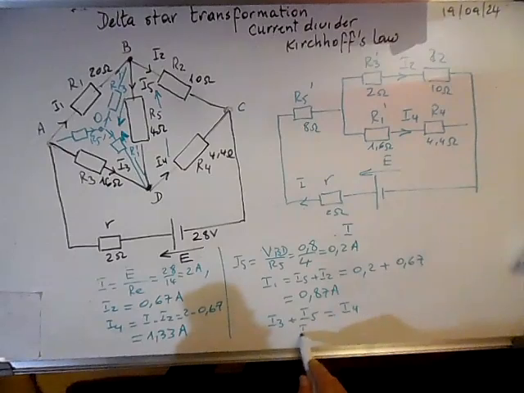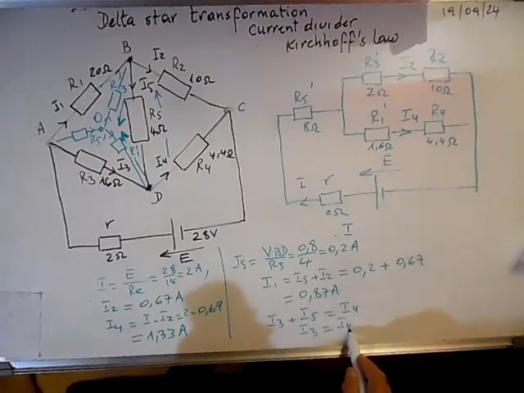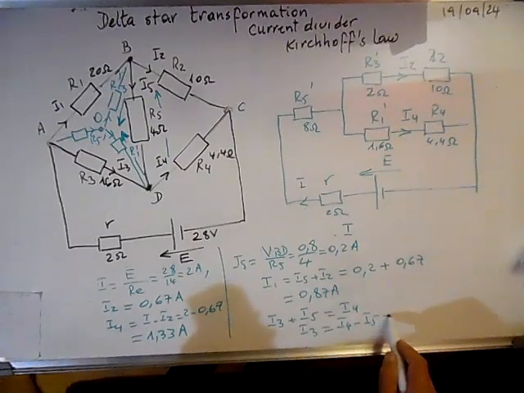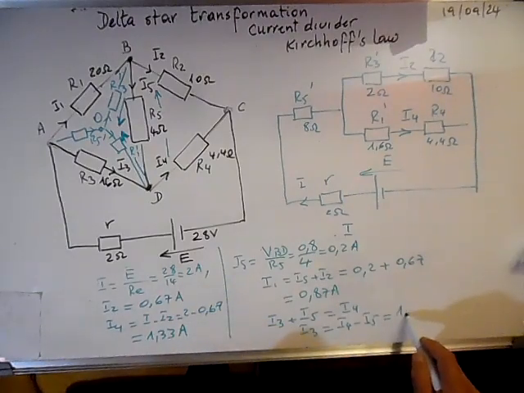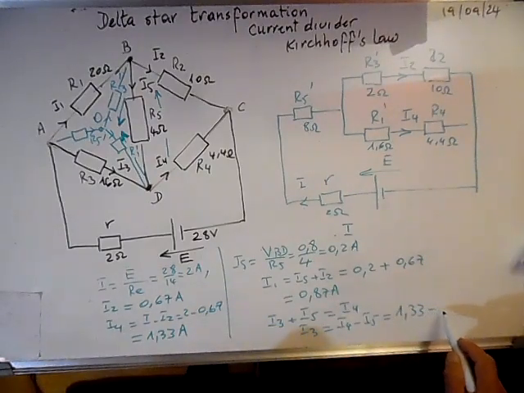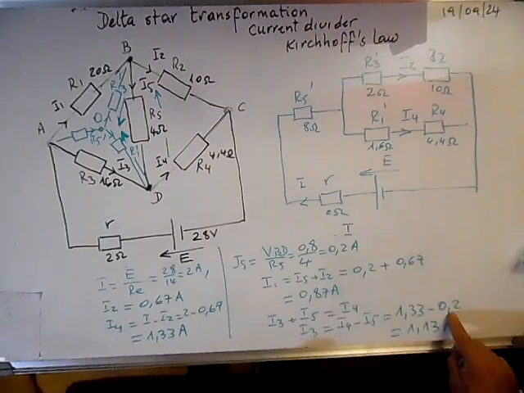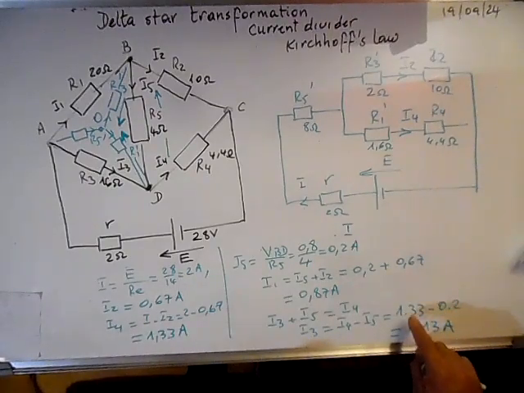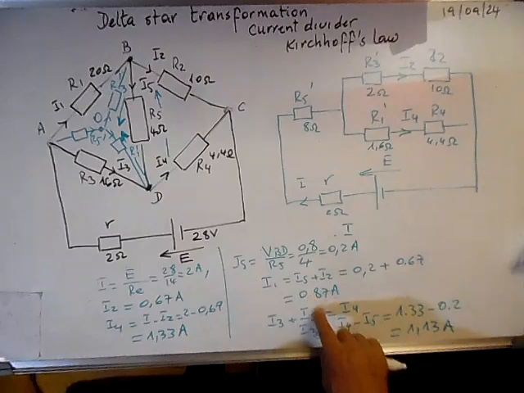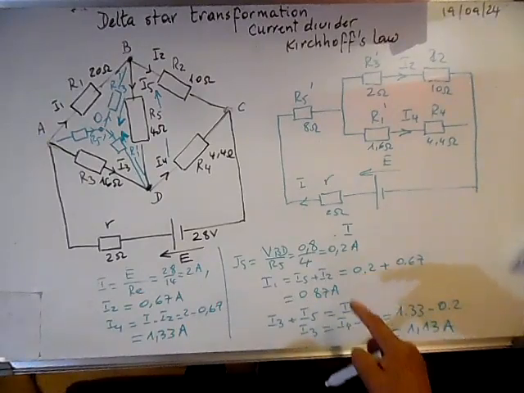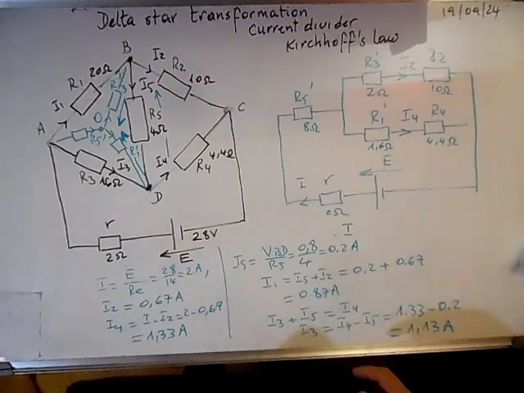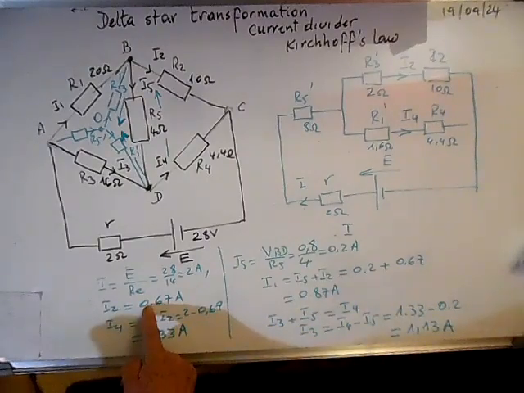I3 is equal to I4 minus I5. I4 is 1.33 minus I5 0.2. It means that I3 is equal to 1.13. Excuse me, I used a comma. It should be point everywhere. I forgot that English uses point instead of comma.